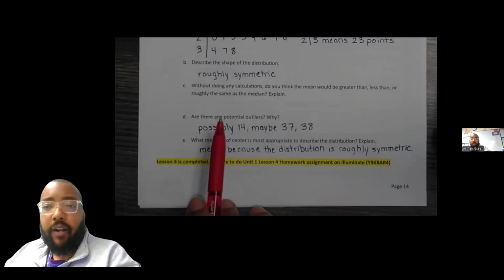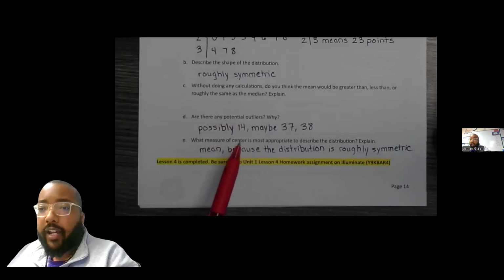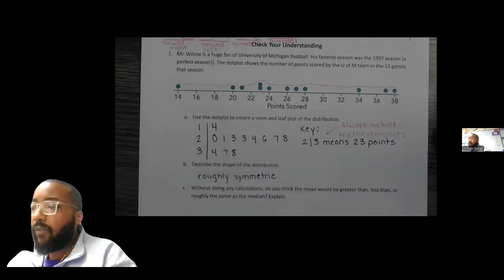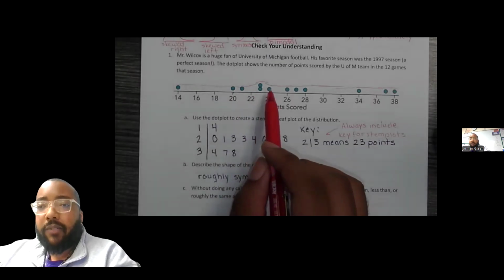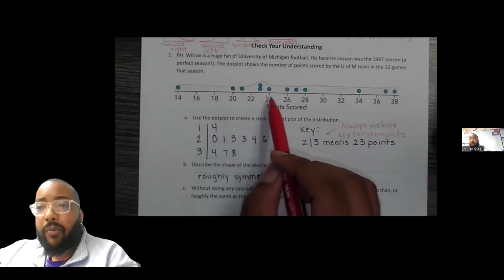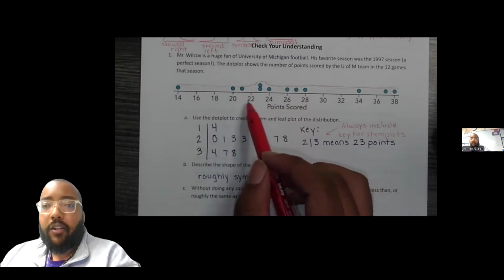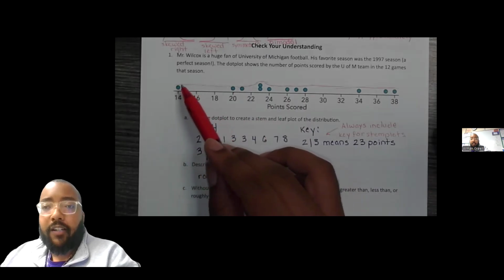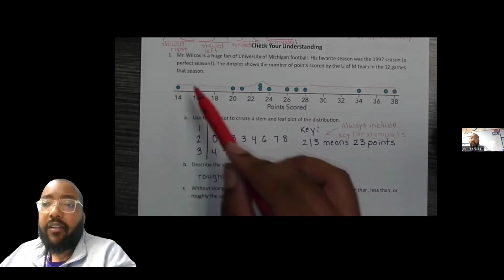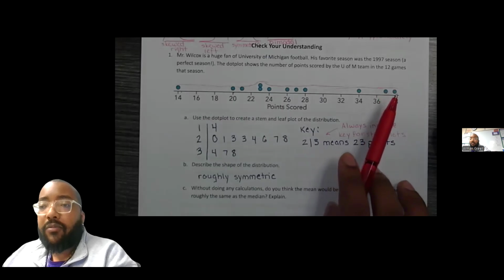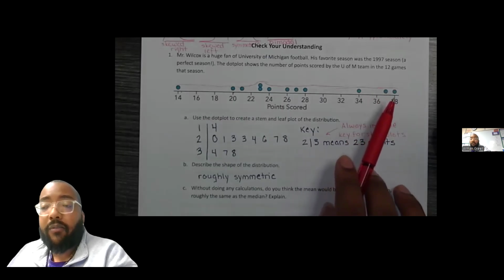For part D, we're asking, are there any potential outliers? So if we look at our graph here, we've got a lot of our points in the center, right around 20 to 28. So we could say, we've got this dot here all the way on the left at 14. That could be a potential outlier. Or we might have these three numbers here at the very far right, 34, 37, 38.